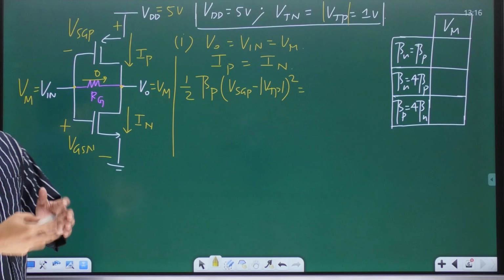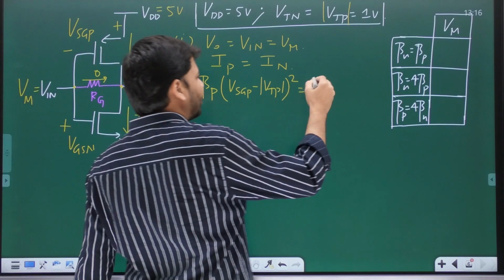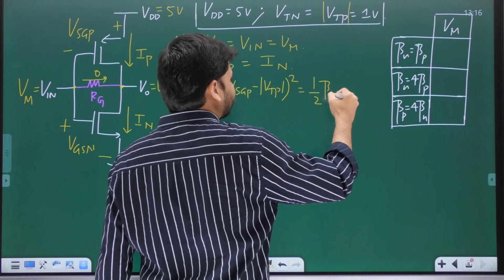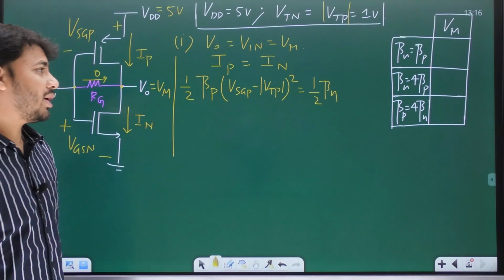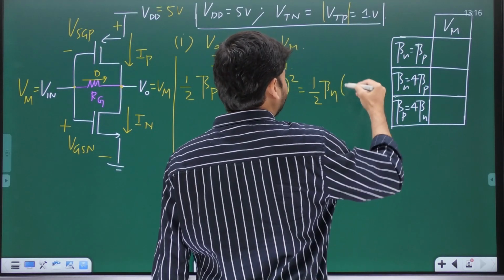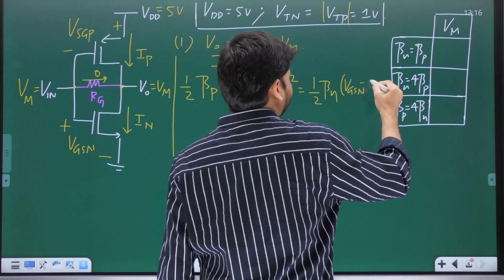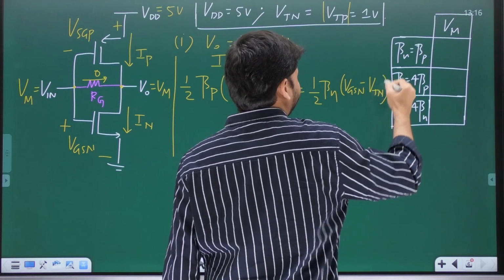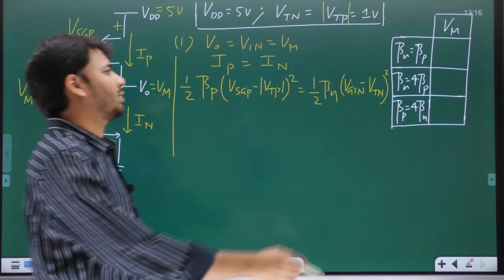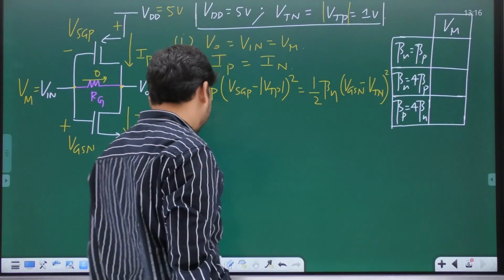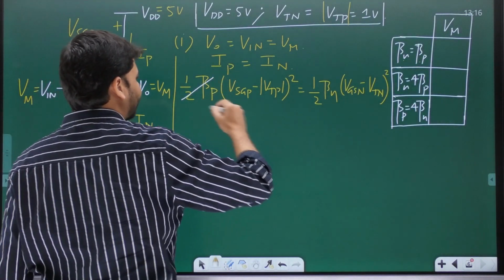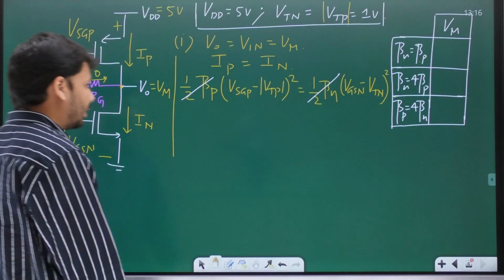Since NMOS is also operating in saturation, In would be given by half beta n, which is mu n Cox W by L of NMOS, times VGSN minus VTN whole square. And in the first case, beta n equal to beta p. If beta n is equal to beta p, half beta n, both will cancel out.